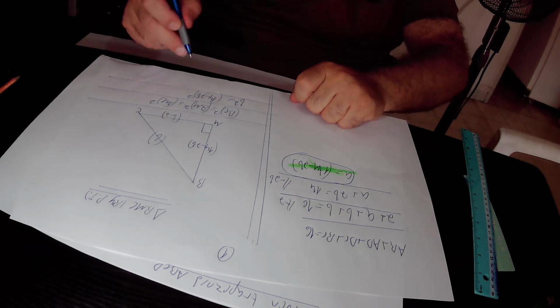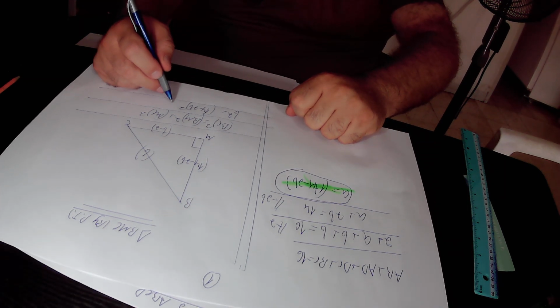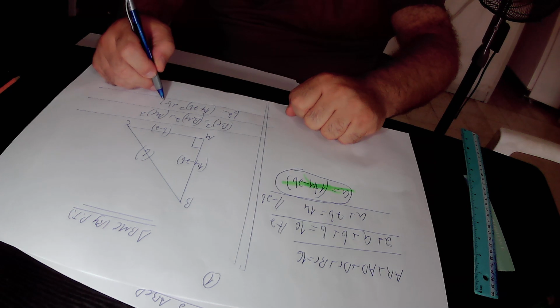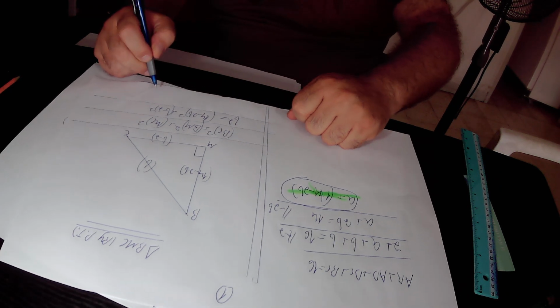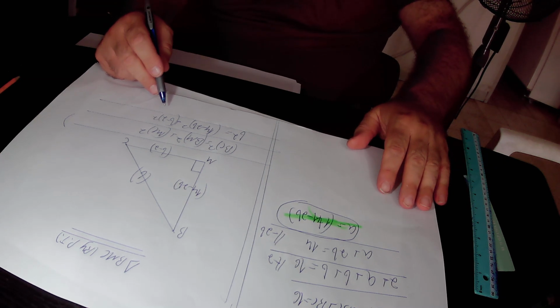And we also have plus MC squared. MC is B minus 2, therefore MC squared is (B minus 2) squared. So in total, we found that B squared equals (14 minus 2B) squared plus (B minus 2) squared.